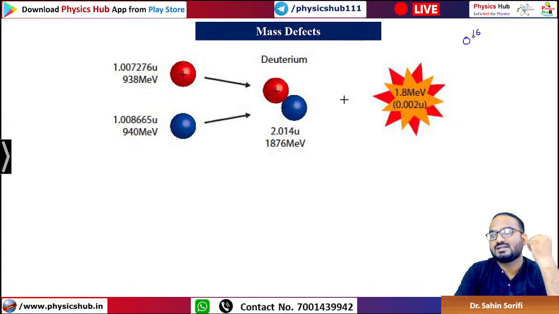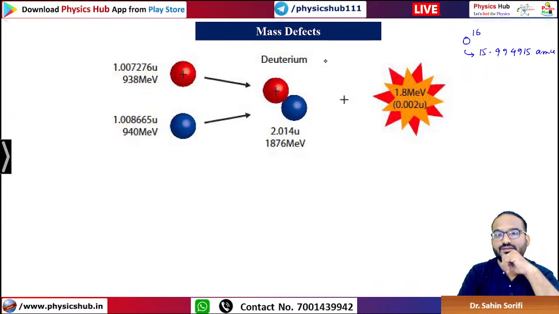Here the mass number is 16, but the atomic mass of oxygen is not exactly 16, but 15.994915 atomic mass unit. So there is a slight difference, and this difference is the mass defect. This mass defect may be positive, it may be negative. Both can happen.